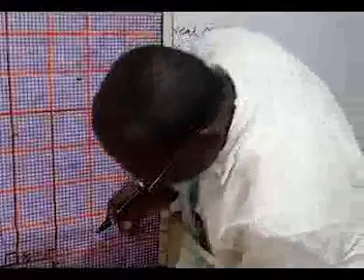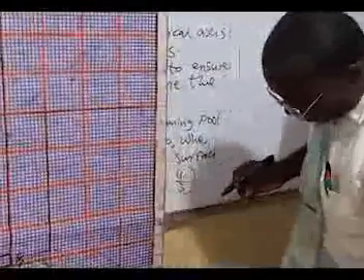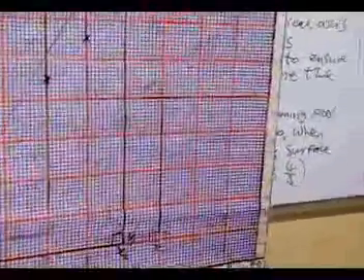Y1 is 0.2. It's Y1, it's on the y-axis. X2 is 1.2. X1 is 0.2.